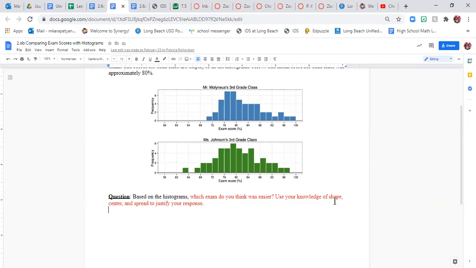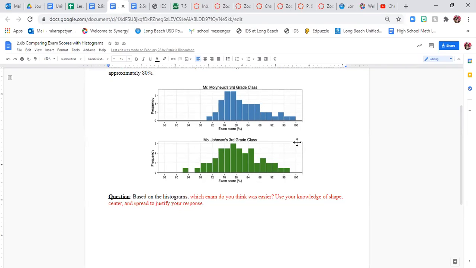Use your knowledge of shape, center, and spread to justify your response. Looking at these histograms, I'm noticing a difference in shape. That might be something to consider, okay?